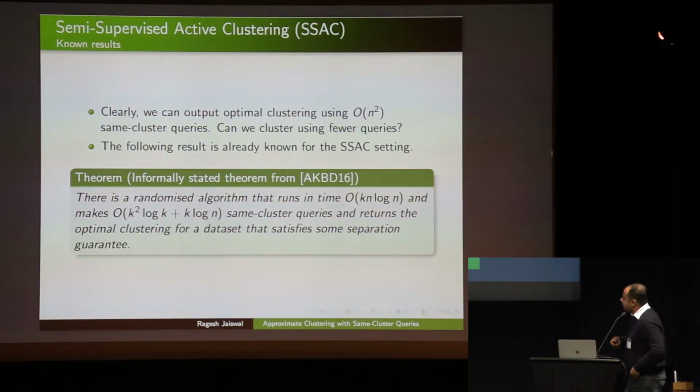It's making a small number of queries, and it's going to output an optimal clustering given that the data set satisfies some separation guarantee. They also show that the problem doesn't become easy given the separation guarantee. The problem remains NP-hard even with this separation guarantee, right? So there is something interesting going on in this particular result.